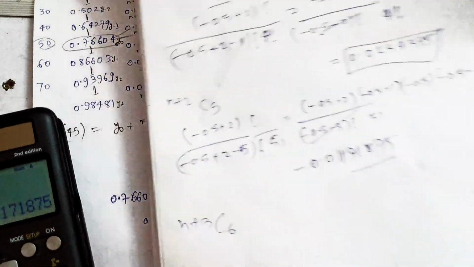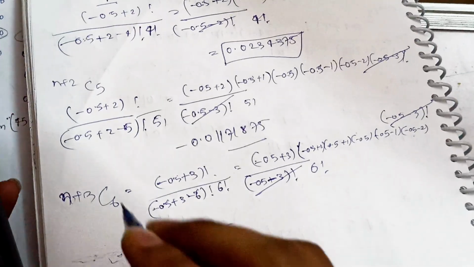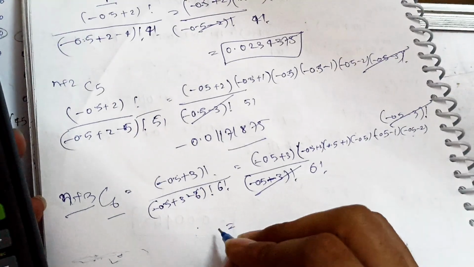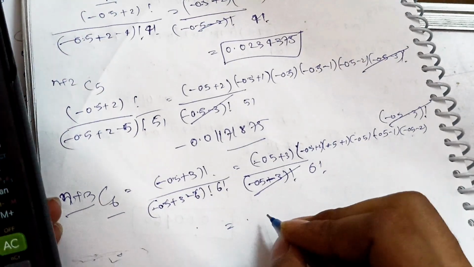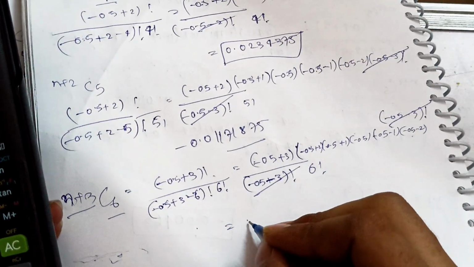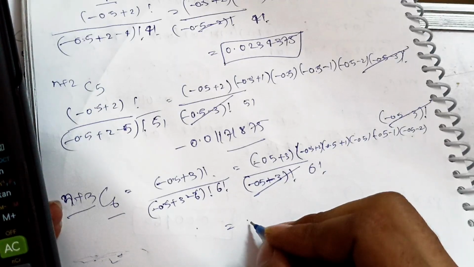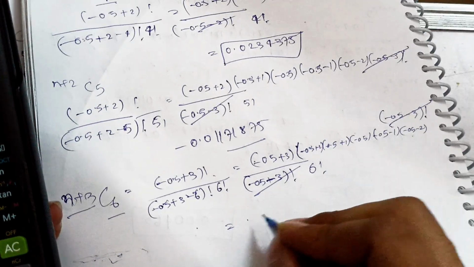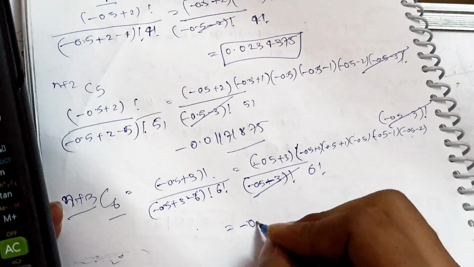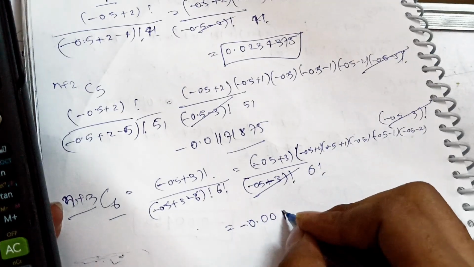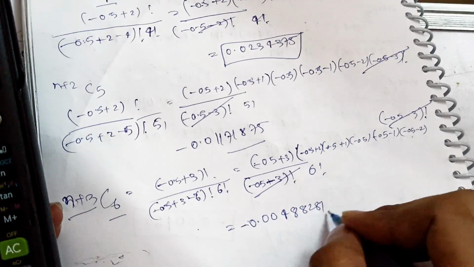So let's calculate this. On evaluating n plus 3 C6, we will get minus 0.004882825.